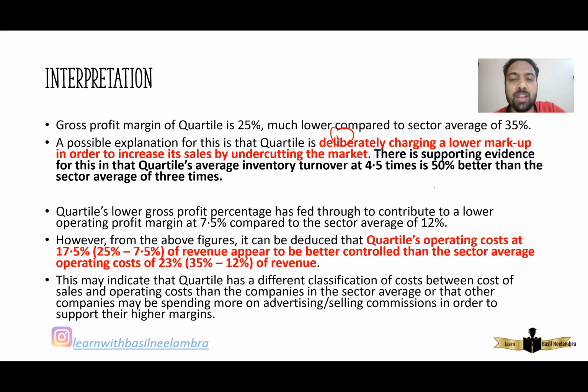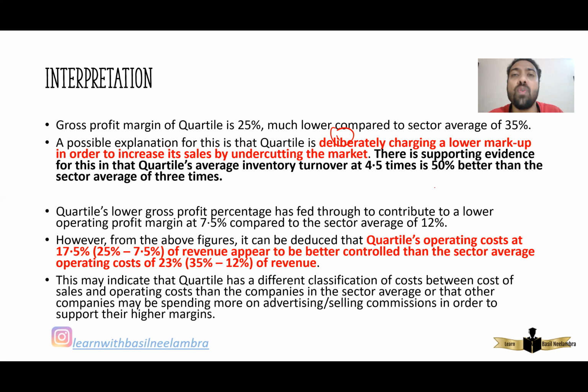Same point. It is possible that Cotail is deliberately charging a lower markup in order to increase its sales by undercutting the market. The same language, the same point which I discussed in my part 1 video when I taught you how to interpret gross profit margin when we are comparing performance of a company with another one. The same language, the same words, same concept.